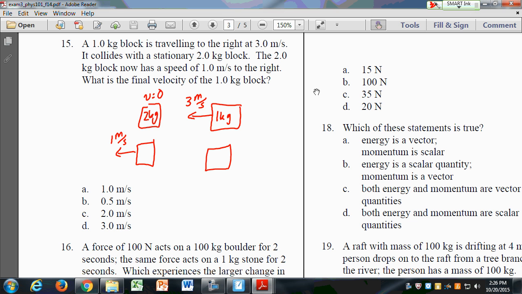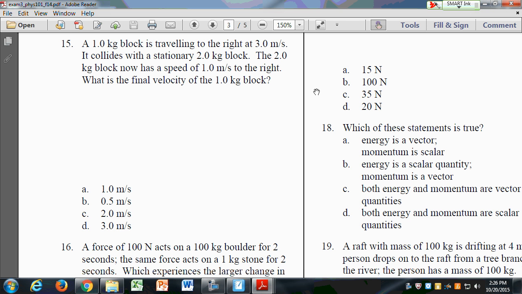And I want to know what is the speed of this block. I'm assuming that it's to the right. We actually don't know if it's to the right or, oh, those are all to the left, aren't they? I'm sorry. Let me redraw these. Oh, shoot. This is all messed up. I'm sorry.